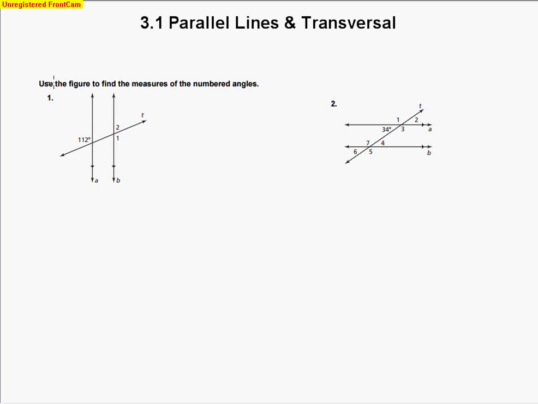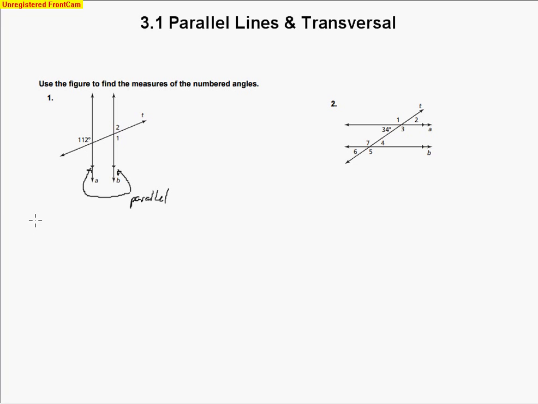So here it says use the figure to find the measure of the numbered angles. Alright, so I know these lines are parallel because of this symbol right there, that tells me that I have parallel lines. So if they're parallel, then I can use my different theorems.